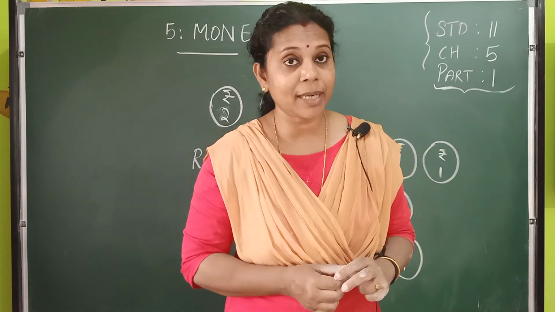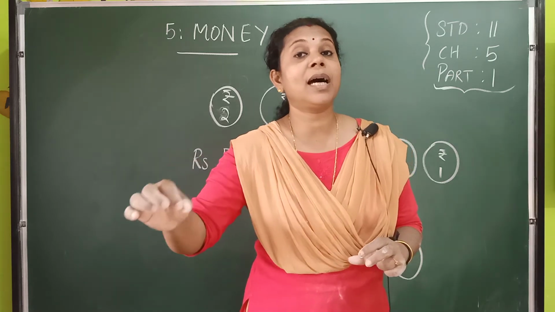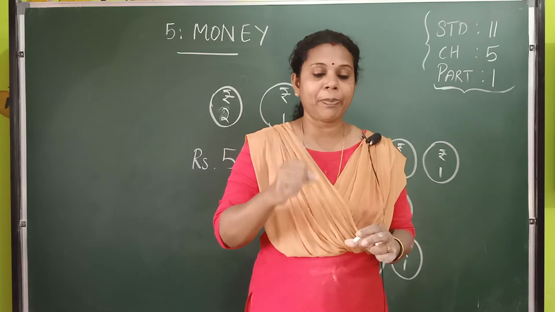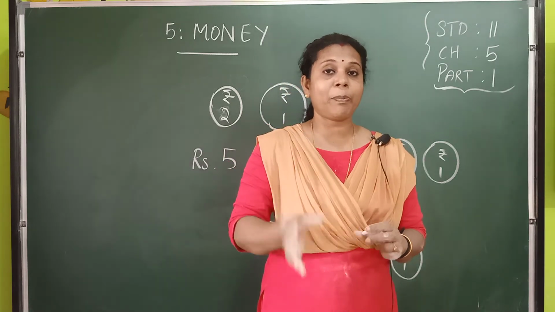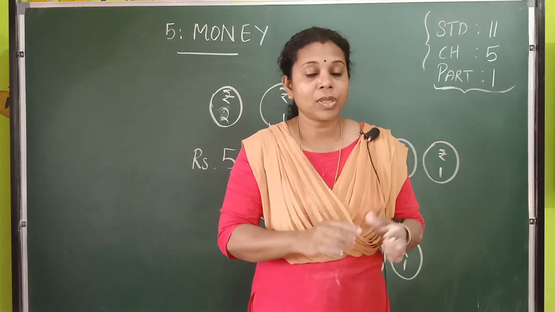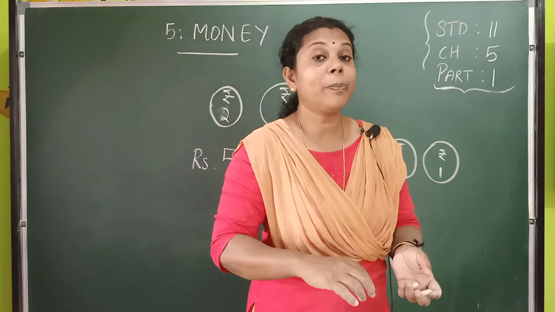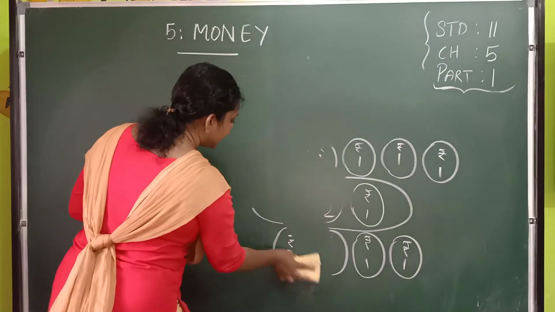So which all items? A muffler of rupees 35 and a scarf of rupees 38. How much money did she pay for the two items? The amount she has to pay for the two items. How do you find it? The cost of the muffler is rupees 35.